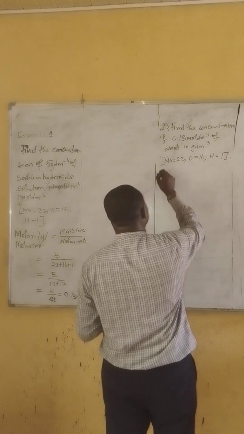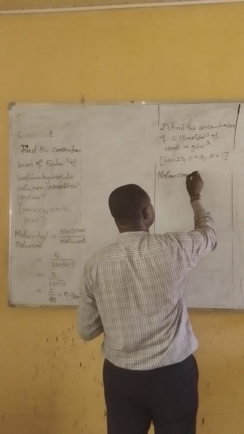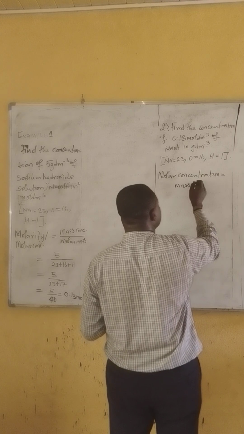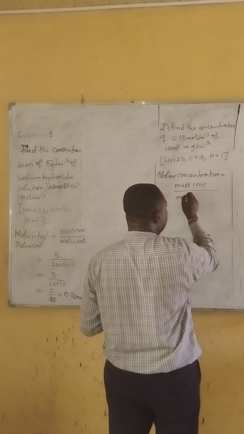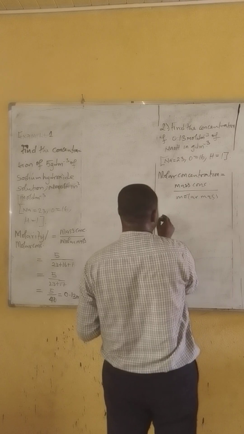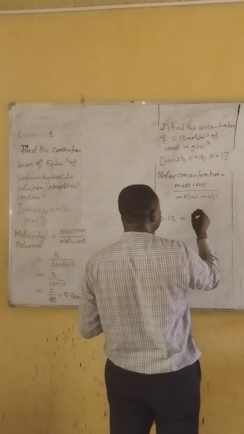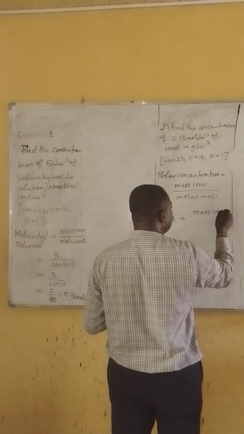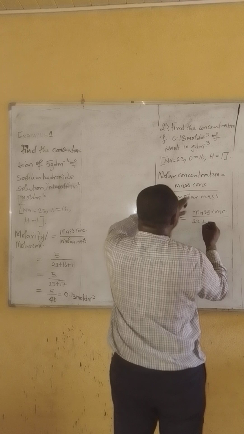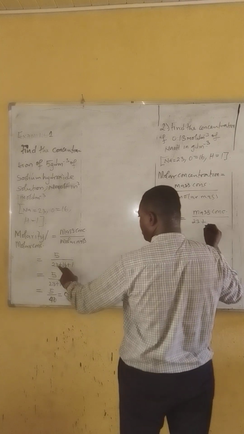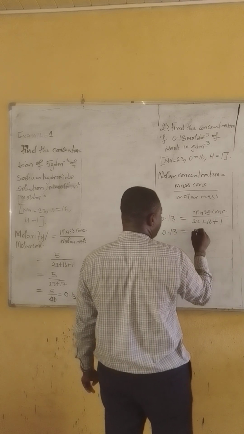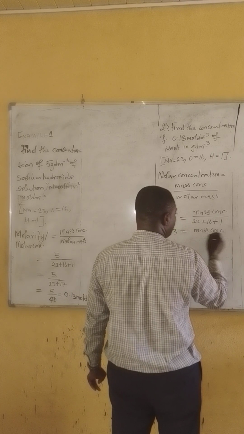The same formula. Molar concentration equals mass concentration over molar mass. Now, the molar concentration is already given to us to be 0.13. The mass concentration is what we are looking for. Molar mass is 23 for sodium plus 16, which is oxygen, then plus 1, so we have 0.13 equals mass concentration over 40.